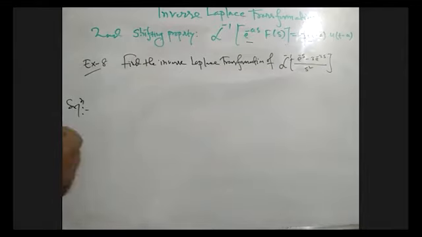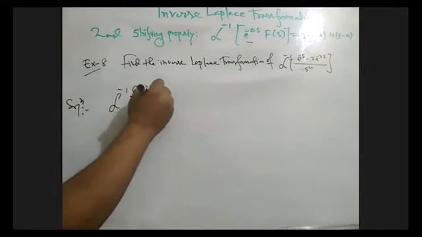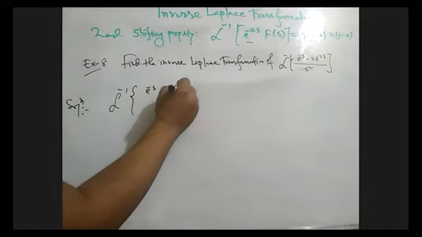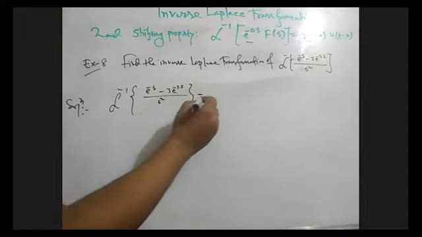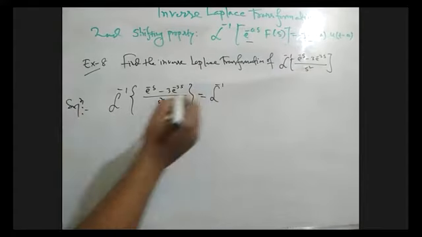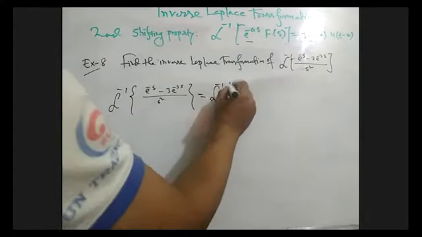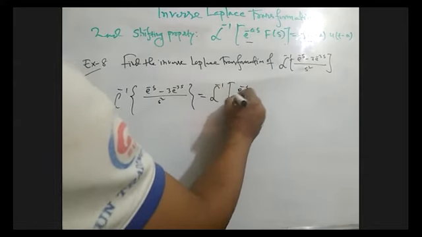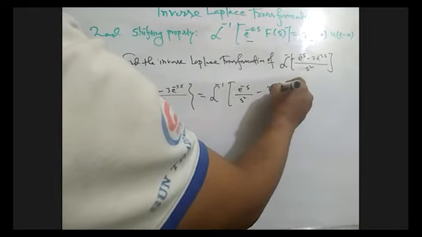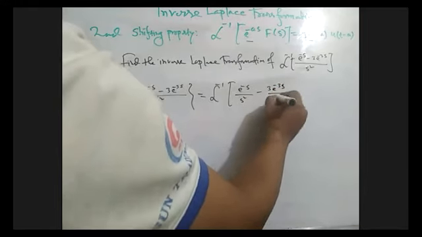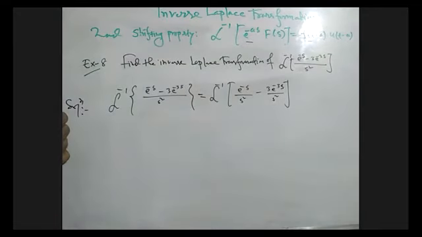So this can be written as the inverse Laplace transformation of (e to the power minus s minus 3 e to the power minus thrice s) divided by s square. By using the linear property, this can be written as e to the power minus s divided by s square minus 3 e to the power minus thrice s divided by s square.